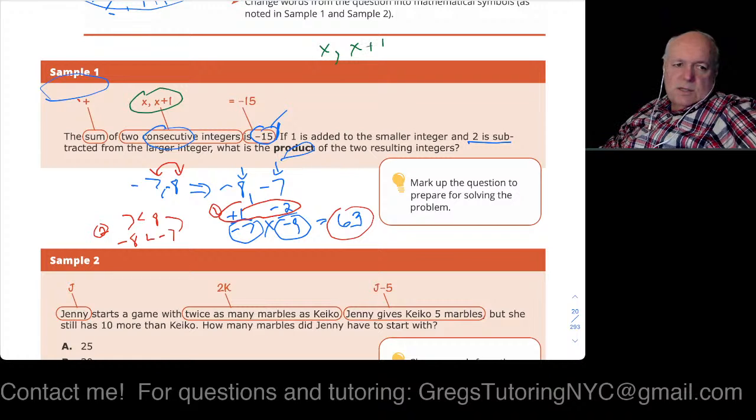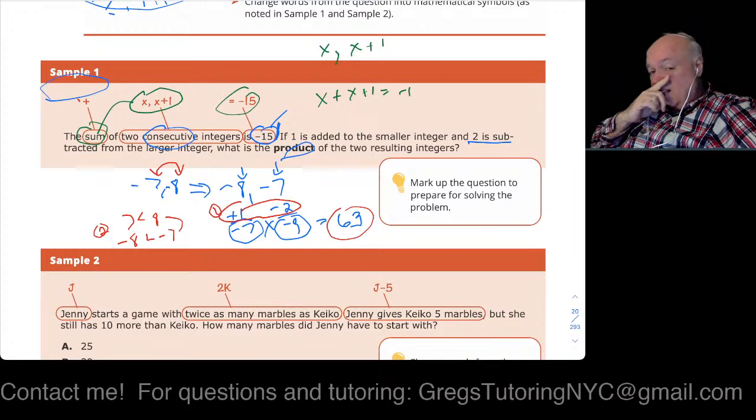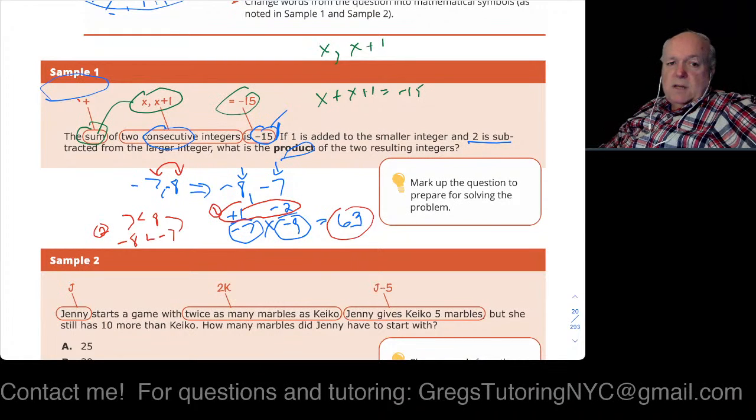They're telling us the sum of those two numbers is minus 15. So why don't we just do that? We get x plus x plus 1 is equal to minus 15. At this point, we map the English into algebra, and let's just solve it. So we get 2x plus 1 is equal to minus 15. We subtract 1 from both sides.